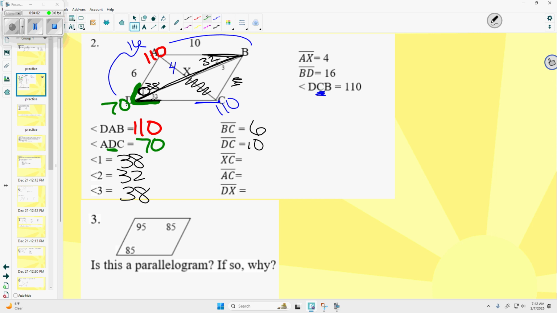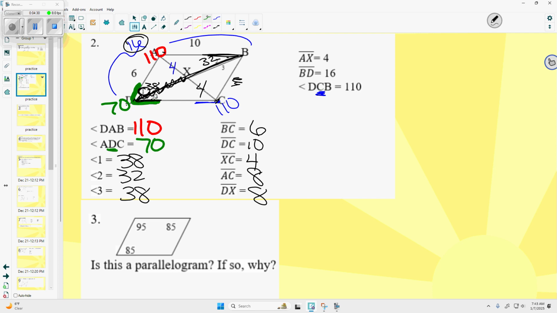XC is right here. 4, because the diagonals do what to each other? Bisect. Nice. Which means AC, that entire segment, is 8. And then DX, so this bottom left side of my diagonal. 8, because your whole thing is 16, and you're cutting it in half.